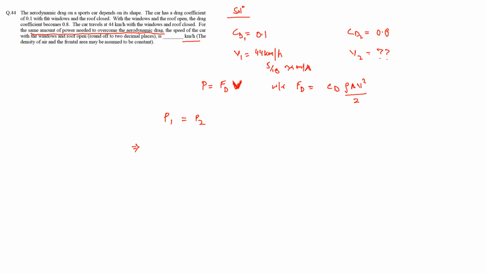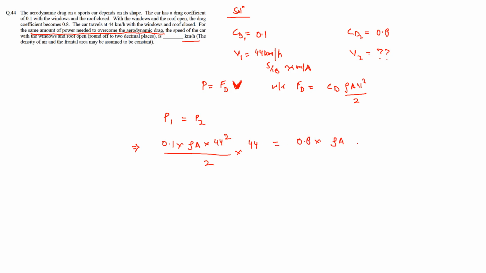So P1 has to be equal to P2 because the same amount of power needs to be supplied. And for P1 we can write FD times v, which is CD, 0.1, times rho times A times v square, which is 44 square over 2, and then you have one more v, so there will be 44 cube. Similarly, this will be 0.8.